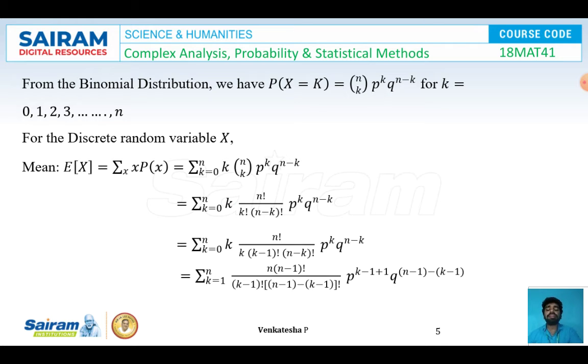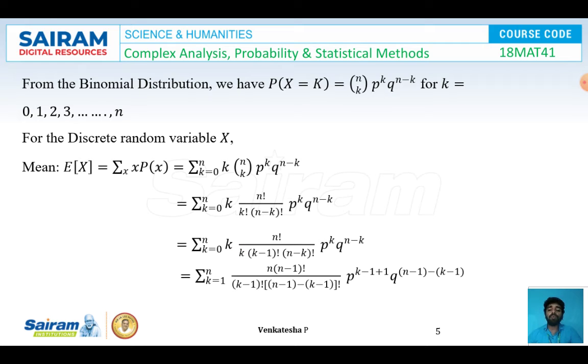To eliminate this k, I am going to expand k factorial as k into (k - 1) factorial. So I got summation k from 0 to n of k into n factorial divided by k into (k - 1) factorial into (n - k) factorial, p^k q^(n-k). Now we are able to eliminate the term k from this equation.